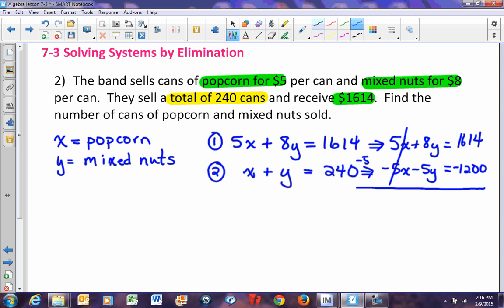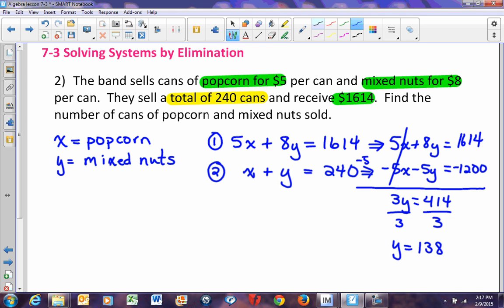My x's cancel out. 8y plus -5y is 3y. 1614 minus 1200 is 414. Take 414 divided by 3, and we will get that y equals 138.